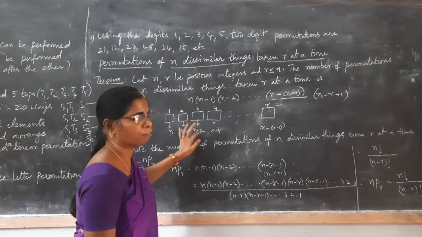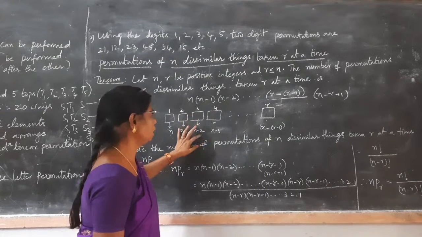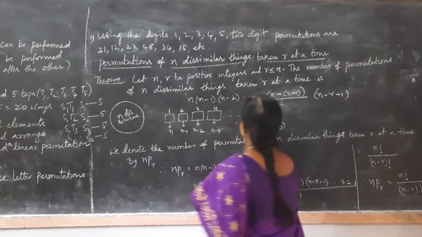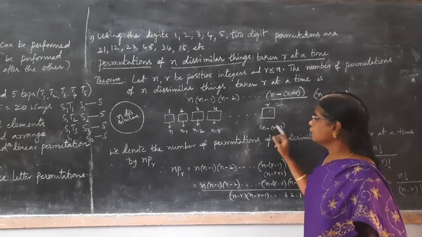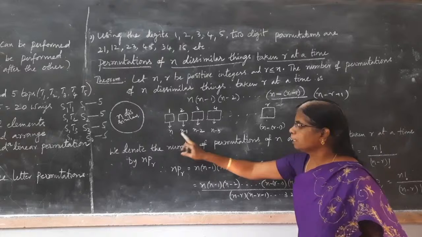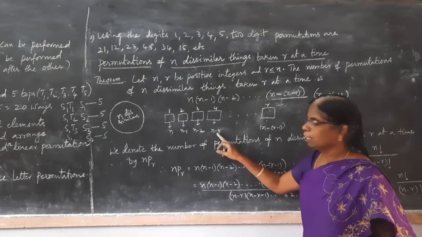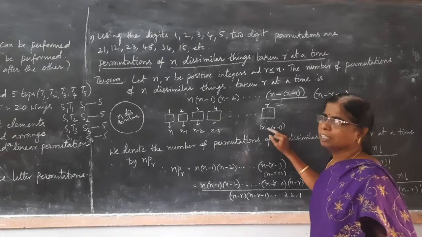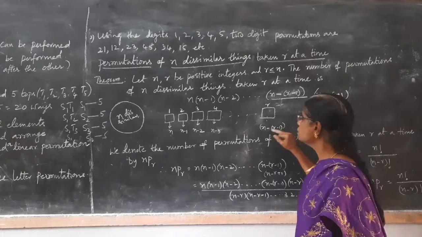Similarly, the fourth blank place, and so on. We can guess how many ways? Second n minus 1, third n minus 2, fourth n minus 3. So the rth blank place can be filled in n minus r plus 1 ways.